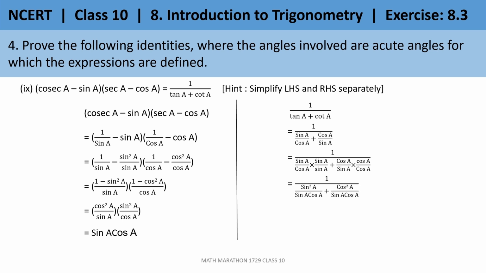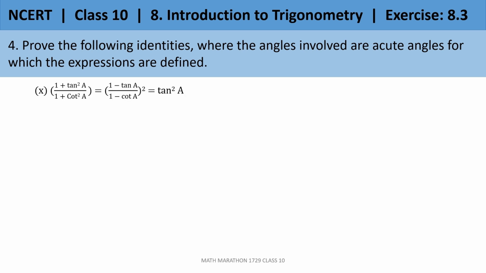It is equal to 1/((sin²A + cos²A)/(sin A cos A)), which is equal to 1/(1/(sin A cos A)), which is equal to sin A cos A. So, right hand side is also equal to sin A cos A. So, left hand side is equal to right hand side. Hence, proved.